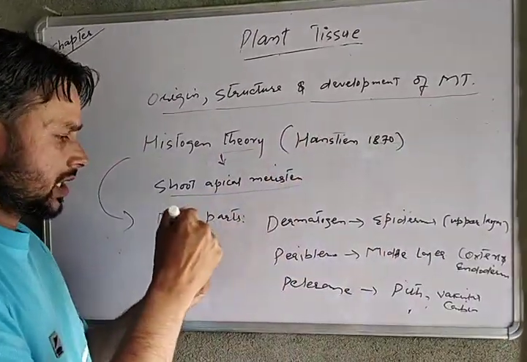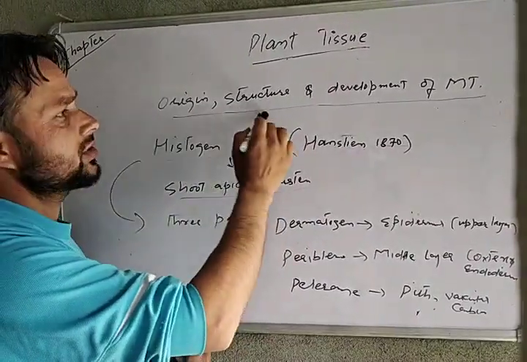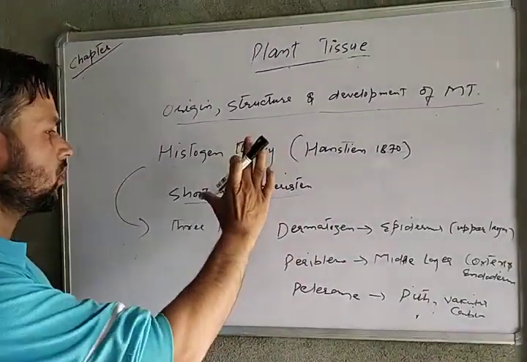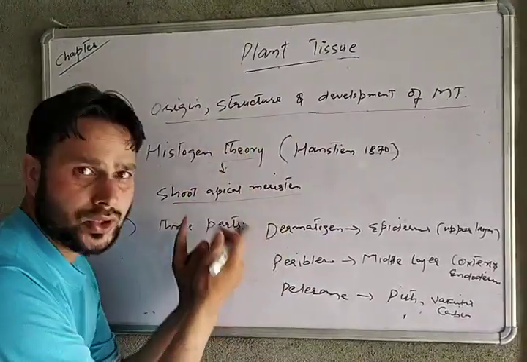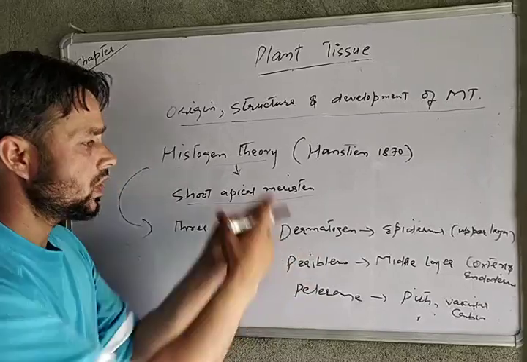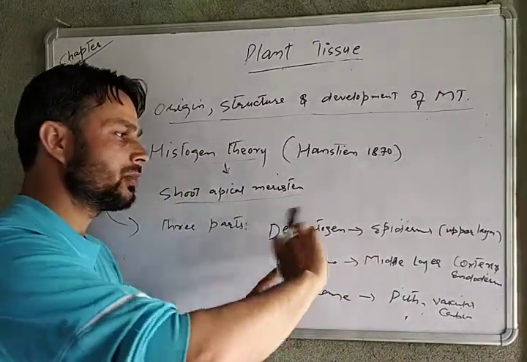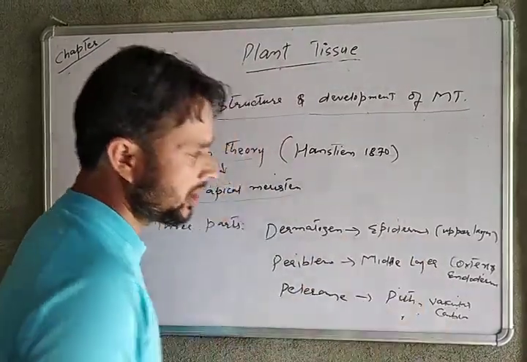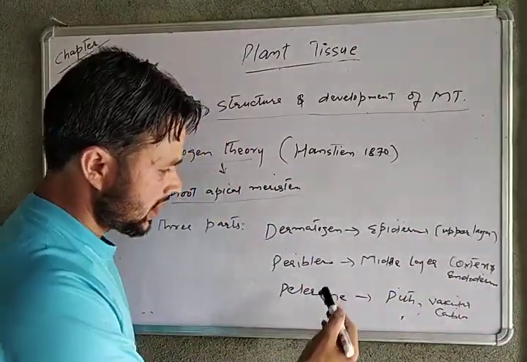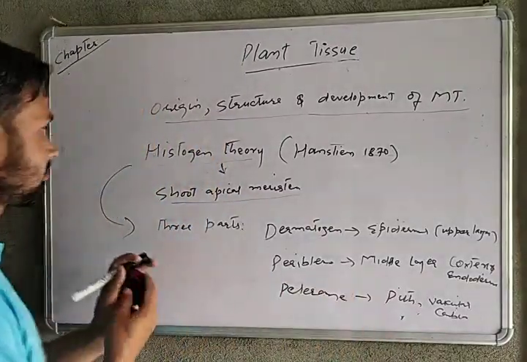This was the saying of Hanstein in the histogen theory of origin, structure and development of meristematic tissue. Hanstein says this whole undifferentiated tissue has three parts: dermatogen, periblem and plerome, in which dermatogen differentiates into epidermis, periblem into middle layers like cortex and endodermis, and plerome into pith and vascular cambium.